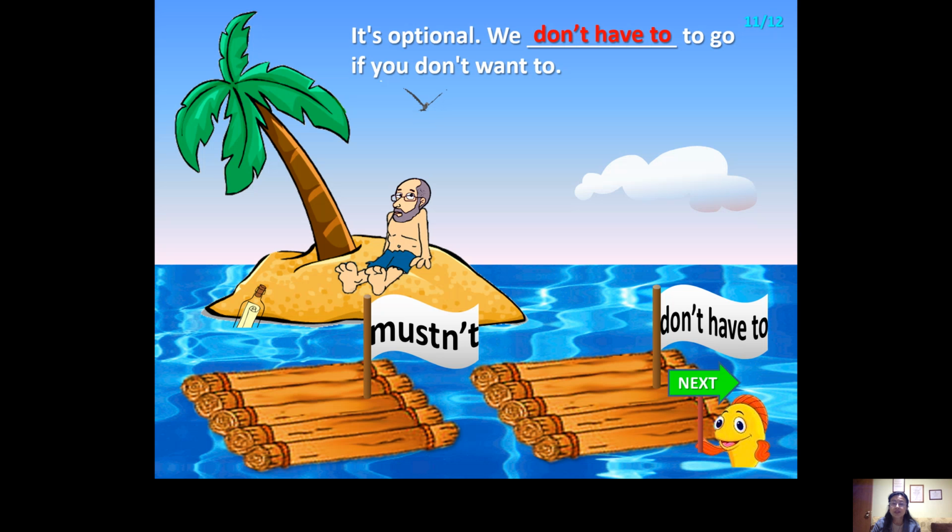It's optional. That's why it's not a prohibition. So you say, it's optional, we don't have to go if you don't want to. The next one.